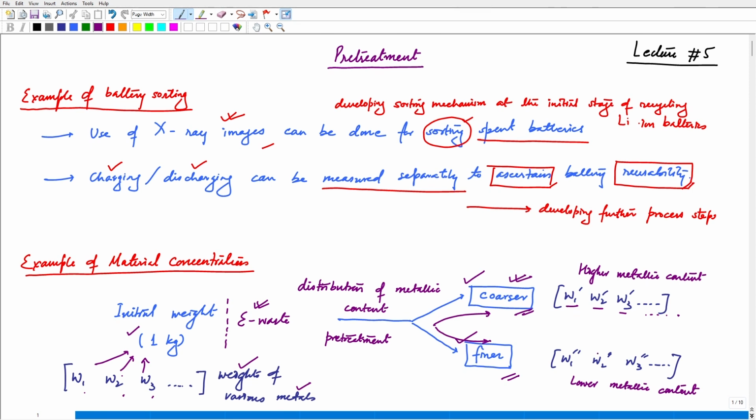That usually does not happen. Some parts of, let's say, metal 1 get distributed in the coarser fraction and in the finer fraction. It can happen that a given metal may get concentrated to a larger extent in the coarser fraction, but that really does not mean that it is free from distribution in various other fractions.